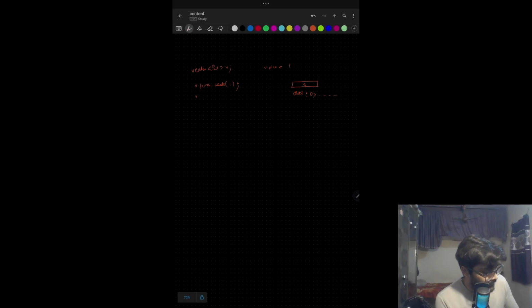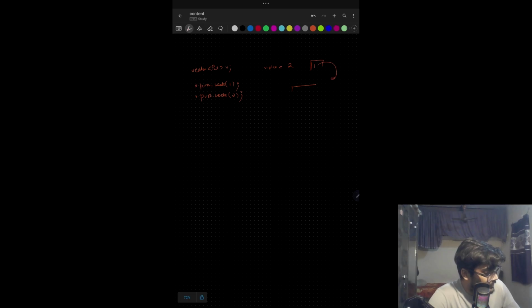If we push back 2, now it becomes a bigger vector. v dot size increments, and it actually moves that data. So 1 was there with some address 0x1, and now this is a new vector, so it has to move that data.